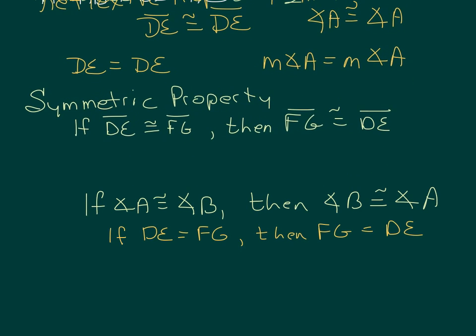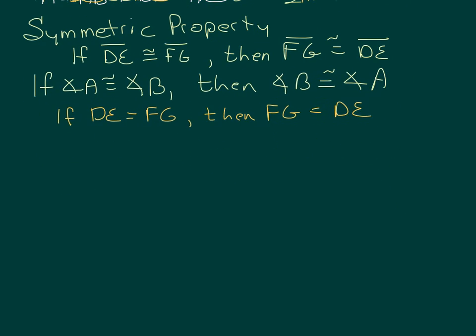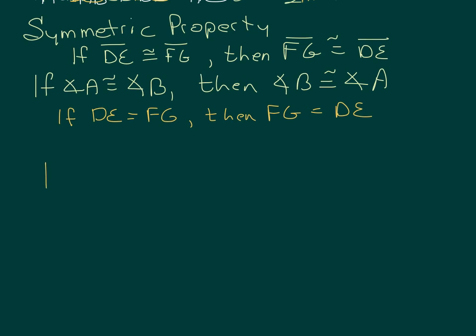Now the last property is transitive, and that is strictly congruence. It's kind of like the substitution property. Substitution property is for equality, transitive is for congruence.